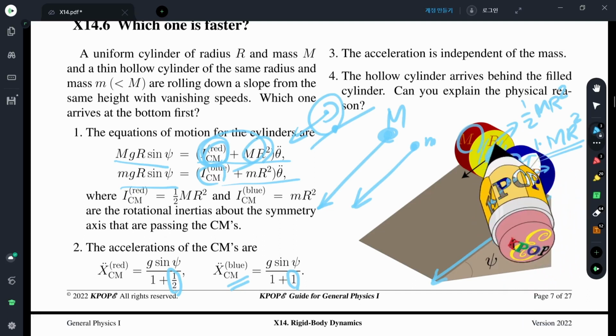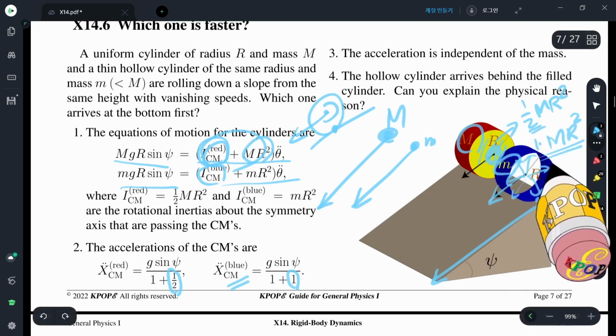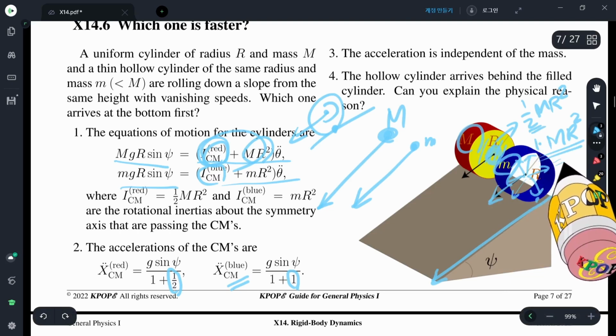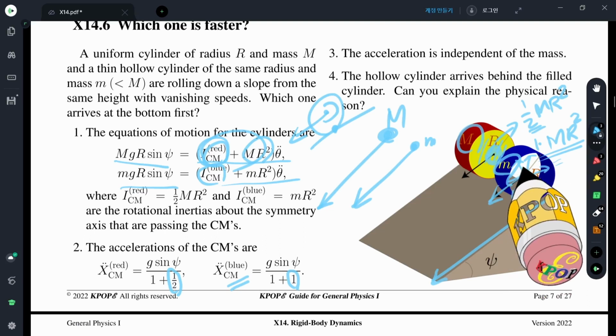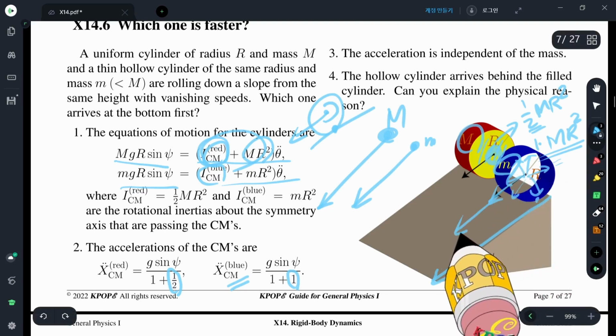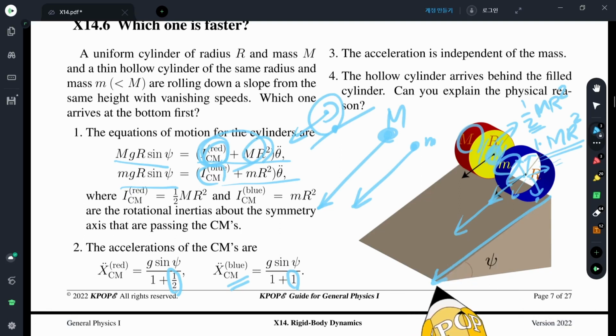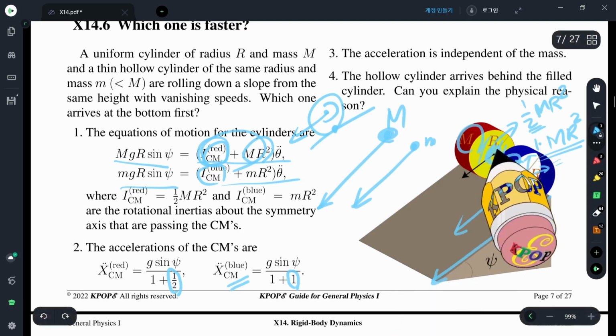Then the resultant value shows that there is a factor of 2 difference. That's the reason why the hollow ring arrived at the bottom later than the filled one.